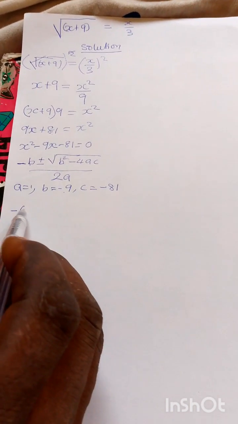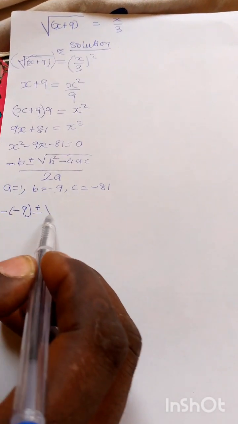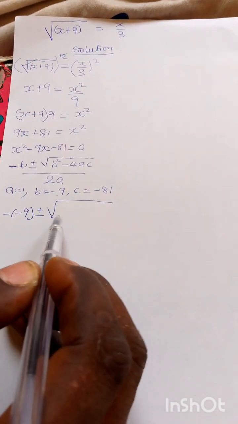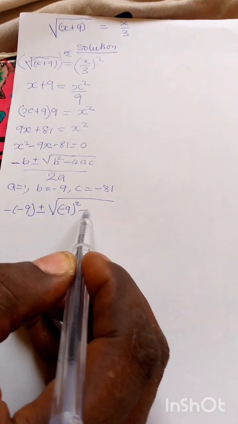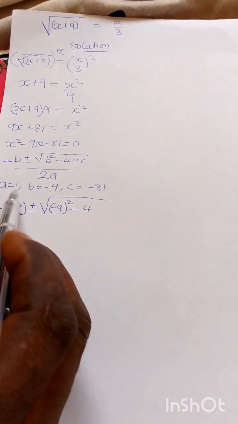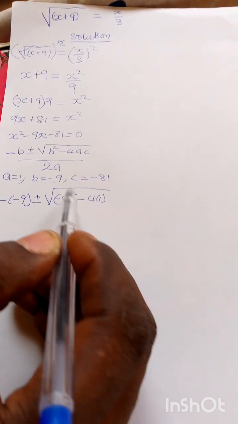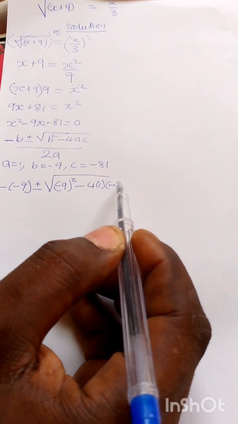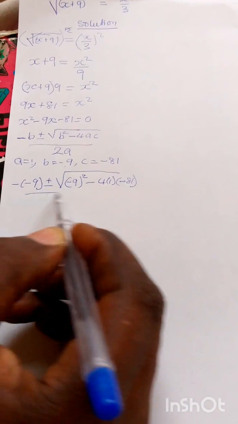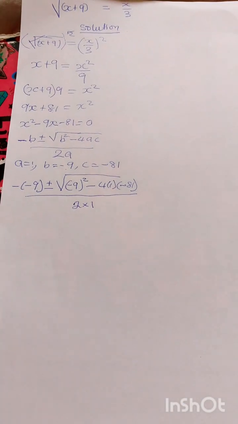So we have minus into minus 9, then we have plus or minus, then we have square root of minus 9 all squared, then minus 4 into our a, which is 1, multiplied by our c, which is minus 81, then all this over 2 times 1. Okay, so we try to solve.